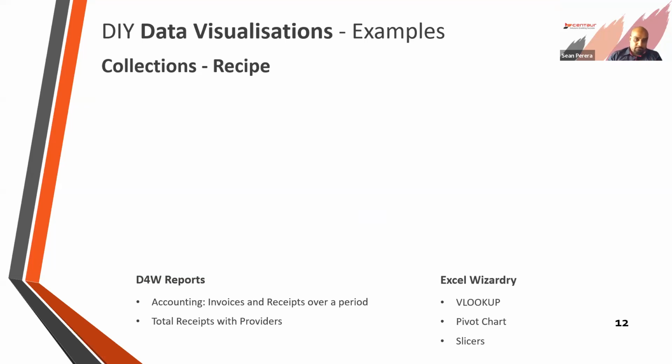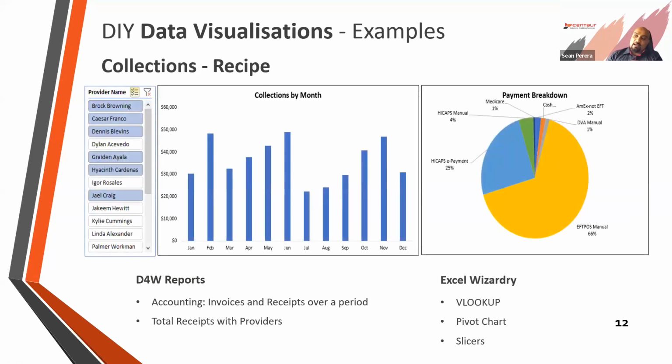Those who know Excel will know that that is a rather simple feature in Excel, and we can create something like this. So we've got a column chart that shows collection by month for a 12-month period.